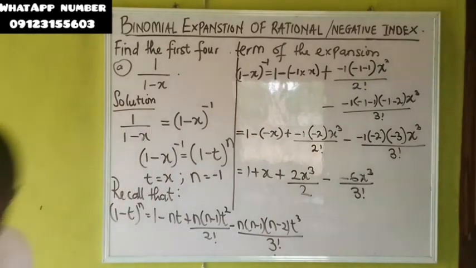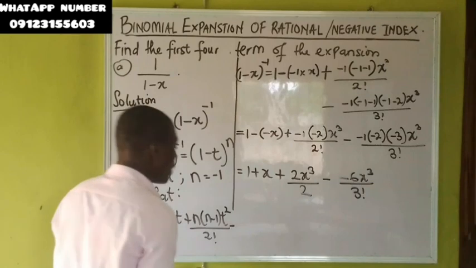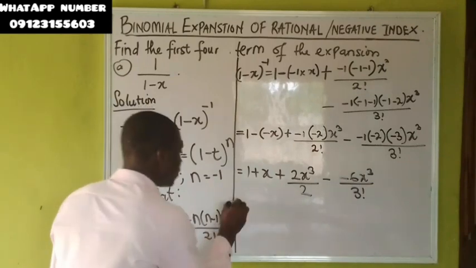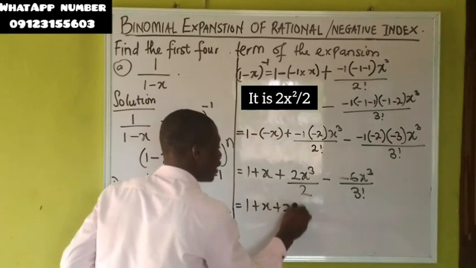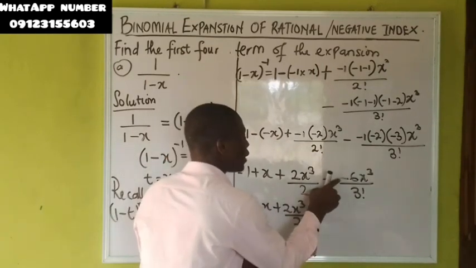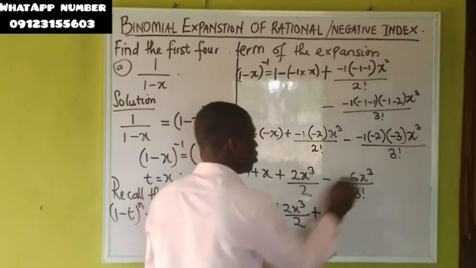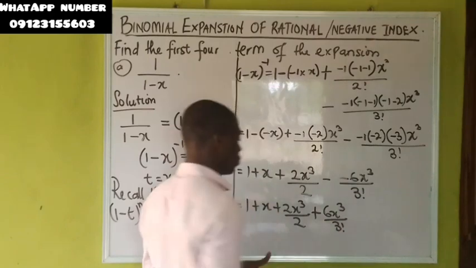So mathematically, if I proceed, I'll be having 1 plus x plus 2x squared over 2, minus times minus is plus, 6x cubed over 3 factorial.